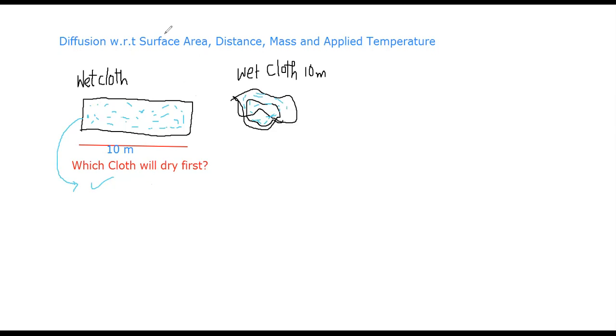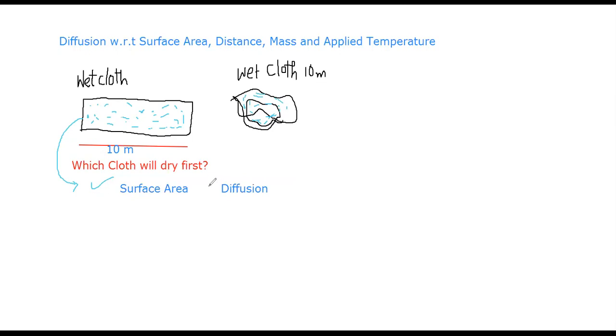So we can say that the water was diffusing out from that wet cloth which was spread over a long area, or it was covering more area. So we can say that surface area is directly proportional to the rate of diffusion.